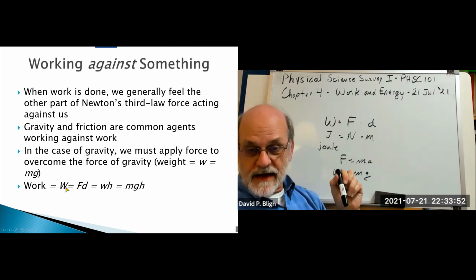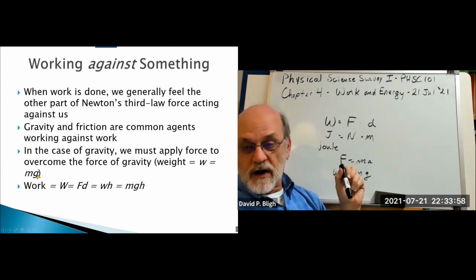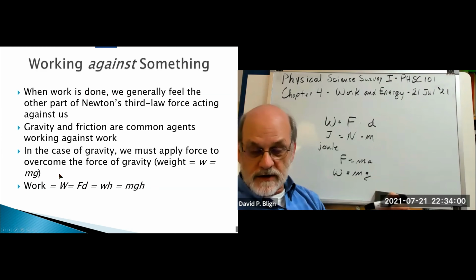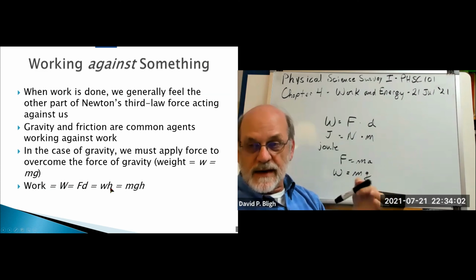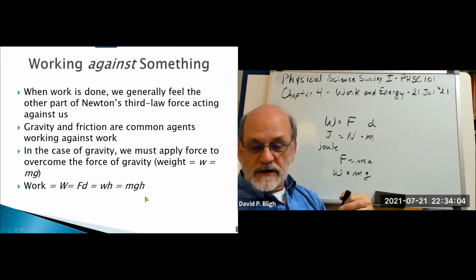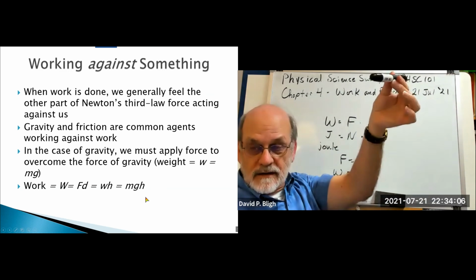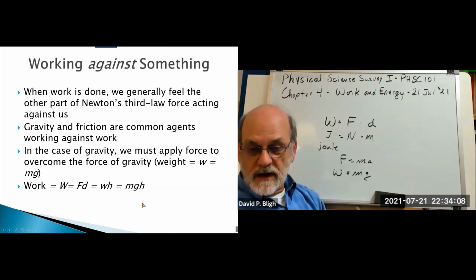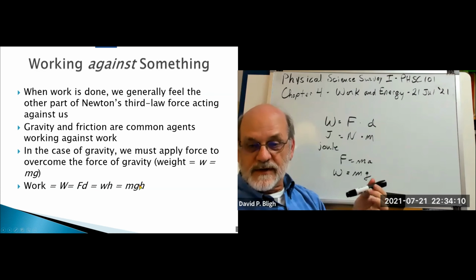So in that case, work is the product of mass times acceleration of gravity, times the distance. So the work done to lift something in the Earth's gravitational field is the mass times acceleration of gravity times the height, or the change in height.